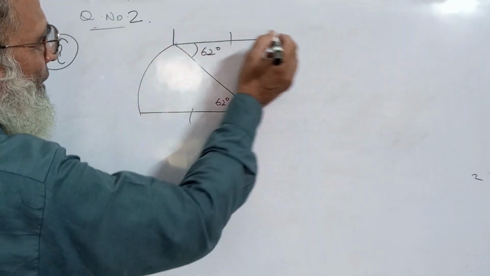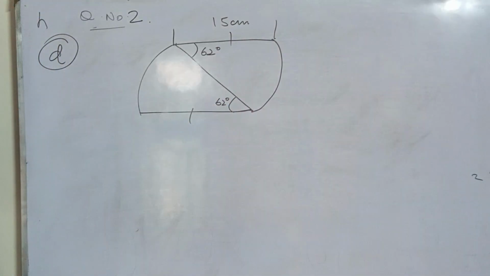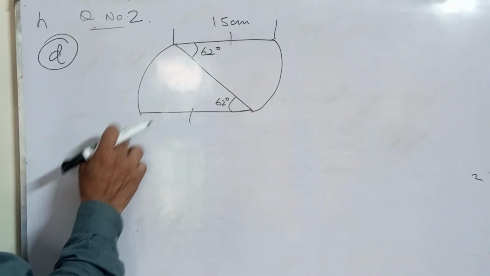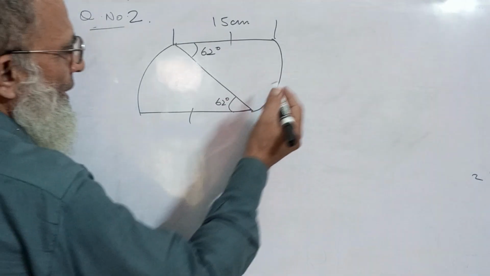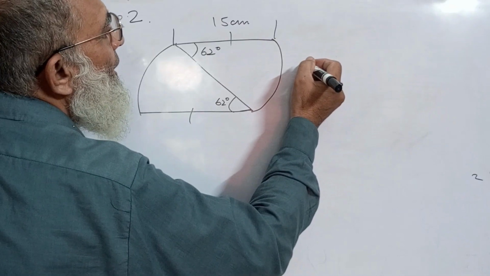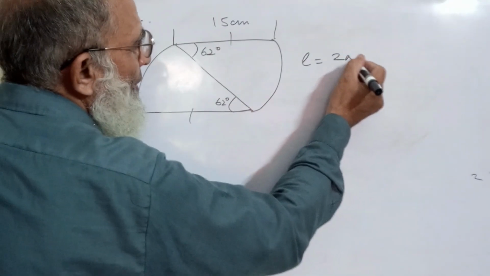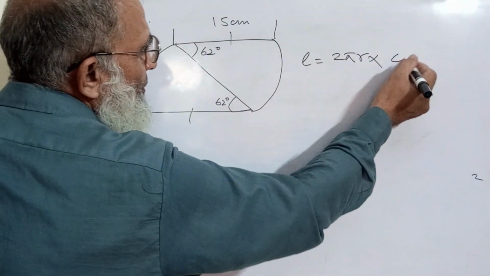And the radius 15 centimeter is also given. So we have to find the arc length. Now the arc length consists of two arc lengths. Okay. So L is equal to 2 pi r multiplied by theta upon 360.